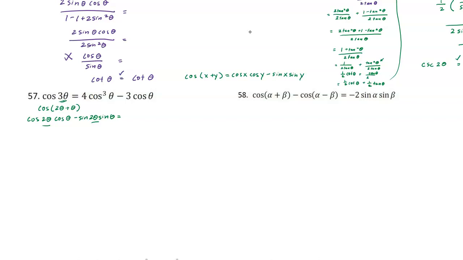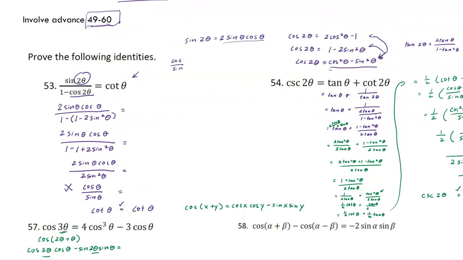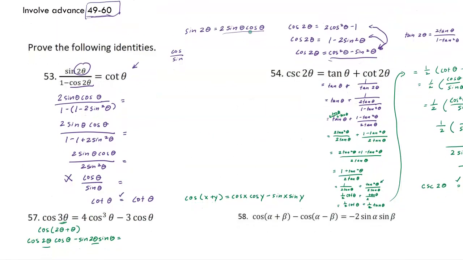I have a choice in cosine, between all 3 of these. I can use a sine or I could use a cosine. My thought is to use the cosine because the right-hand side has all cosine in it.